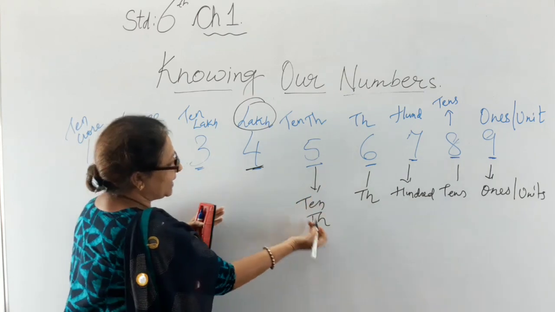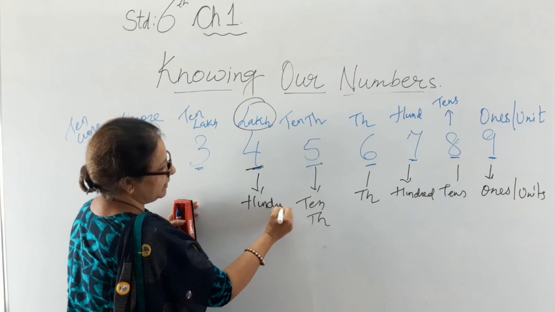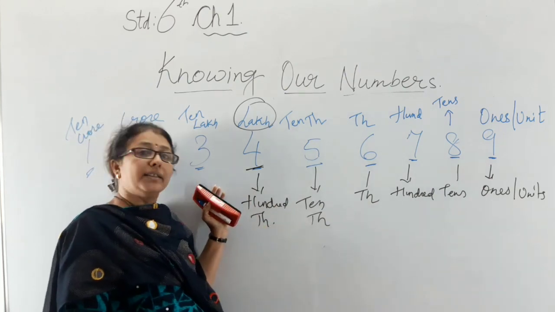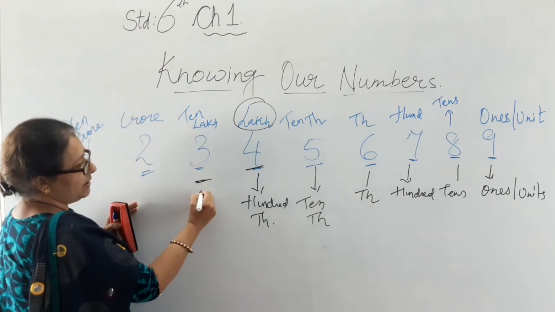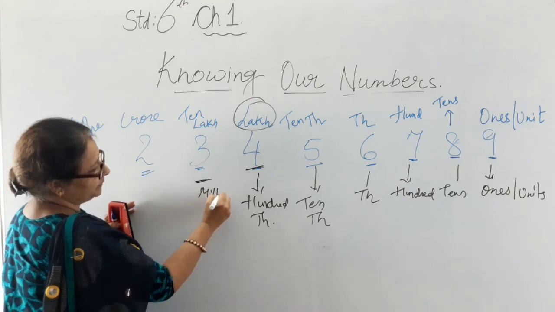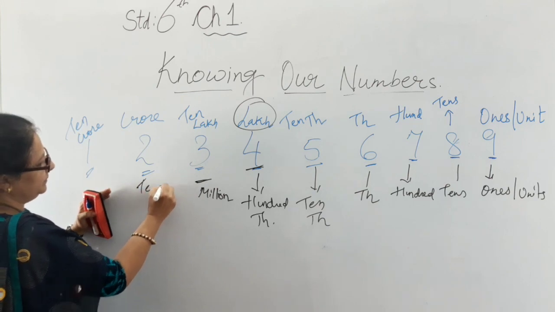So after 10,000 in the international system, they take 100,000. Instead of lakh, they use 100,000. Then they will take million. Then 10 million.